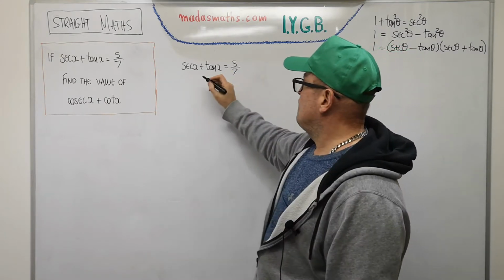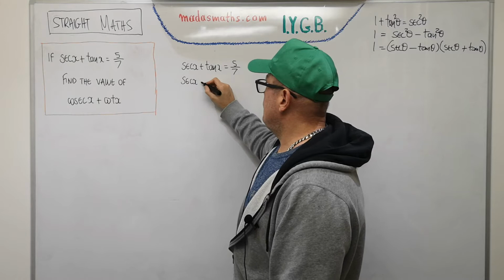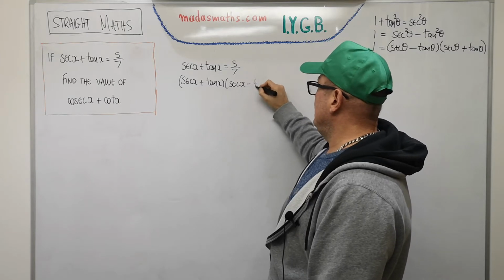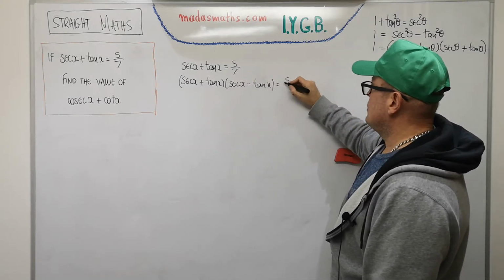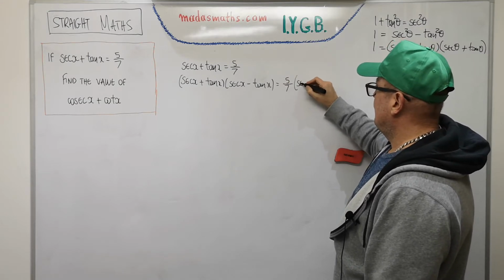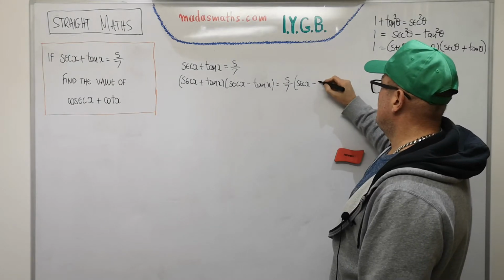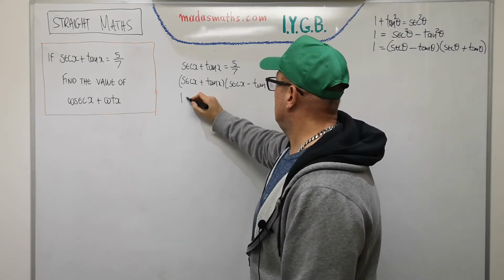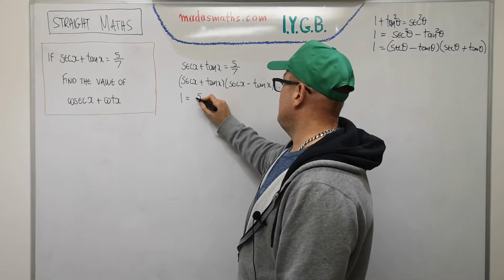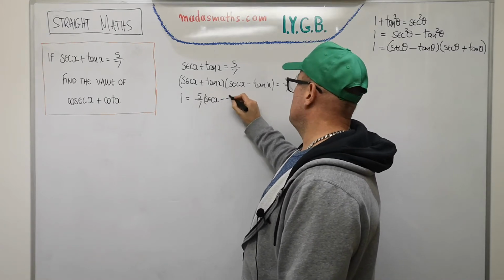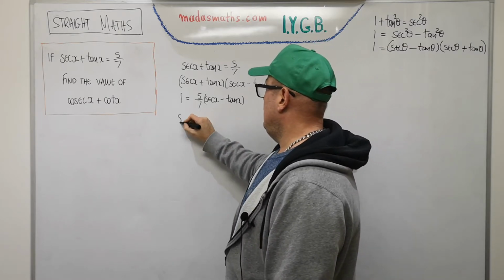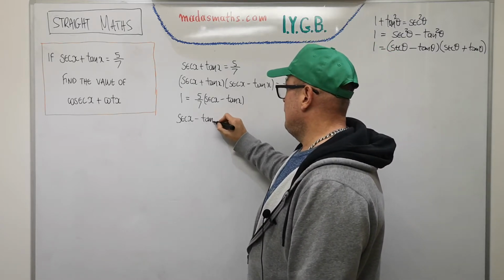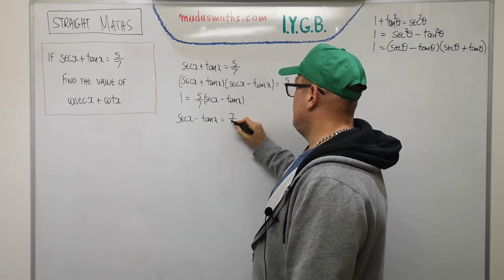If I multiply both sides of this equation by sec x minus the tan of x, and of course I need to do the same thing to the other side, sec x minus tan x, then this product is 1, so I can say 1 is equal to 5/7 times sec x minus tan x, which consequently, when I divide to the other side, says the sec of x minus the tan of x is going to be 7/5.